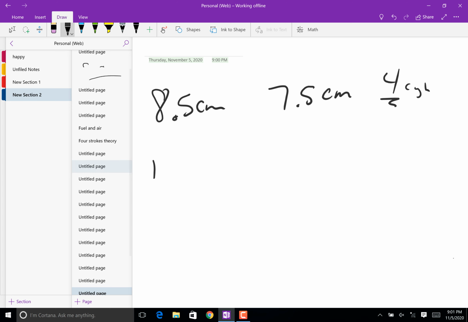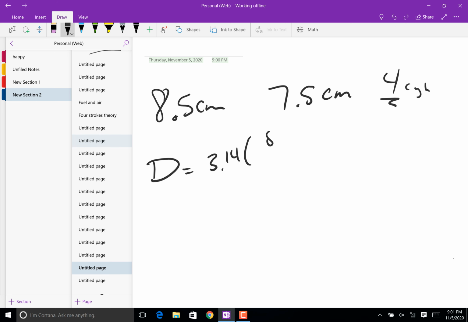So, simply, displacement is 3.14 times 8.5 squared divided by 4. Make sure that parentheses is on top. Times 7.5 times 4. Mr. Groom, isn't it true that this 4 and this 4 cancel out? It does. If you didn't know that, if you multiply it all out, will it work? Yeah, that's how math works.